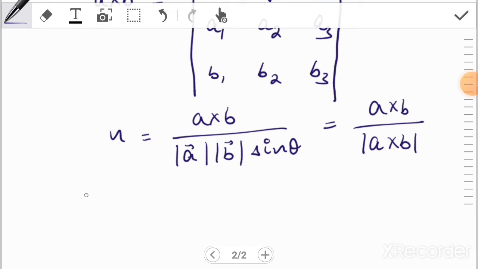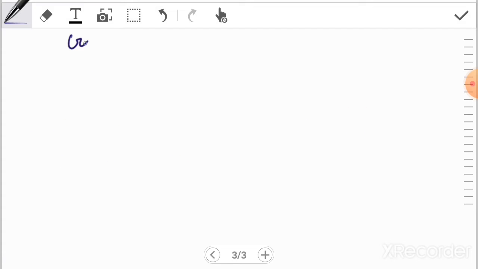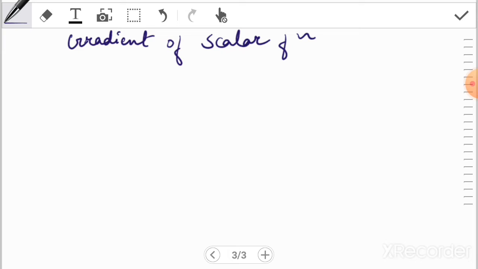Next is the gradient of a scalar function.